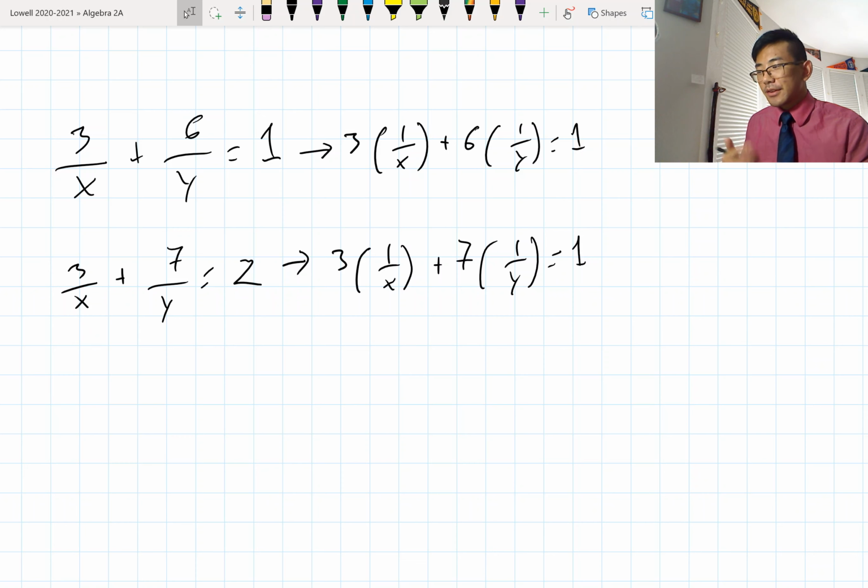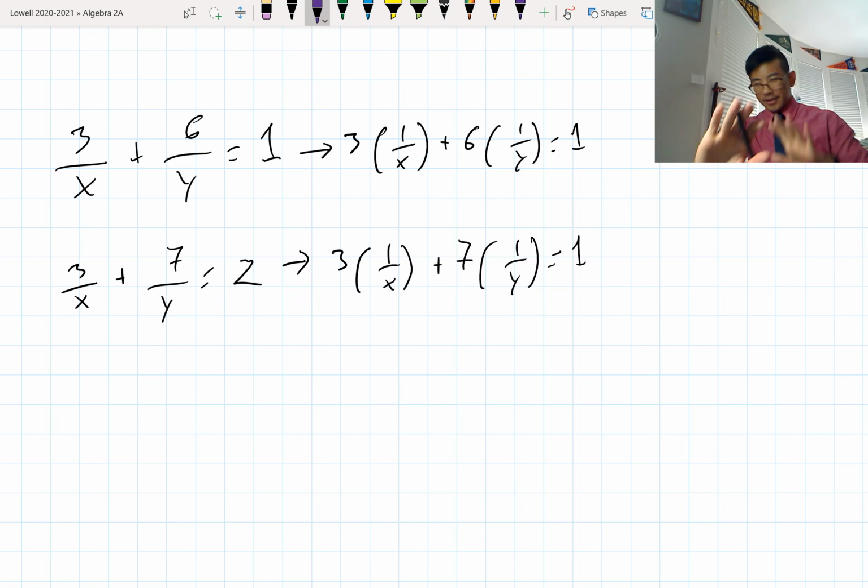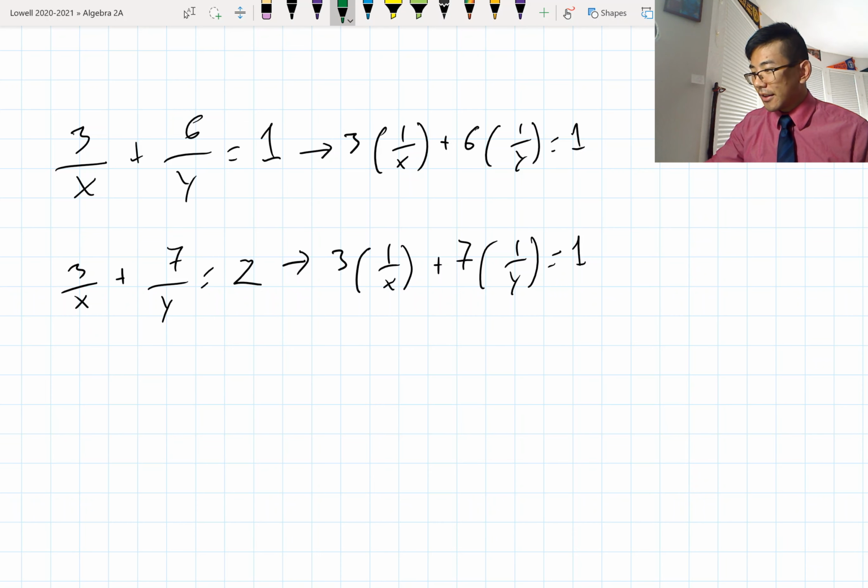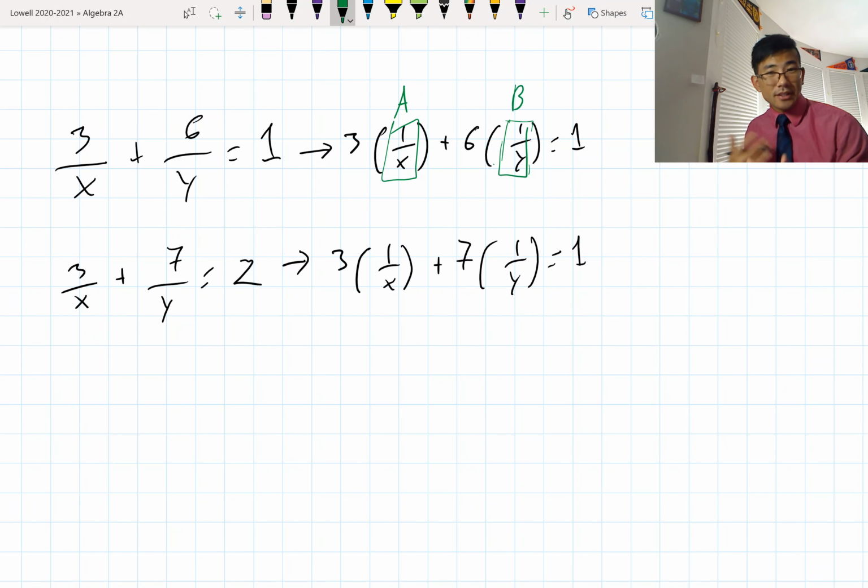Well, here's the reasoning behind this: if we kind of blur our vision a little bit, I could just call this another letter. I'm going to call it A, and I can call this B. So what I'm effectively doing is substituting A and B here.